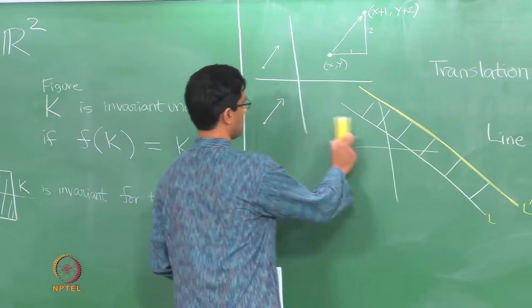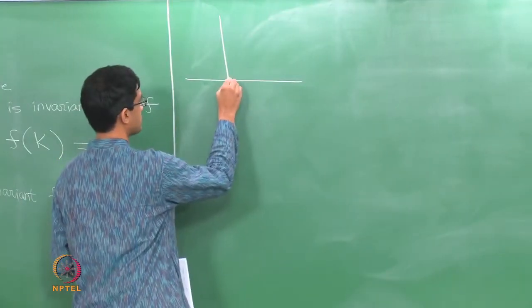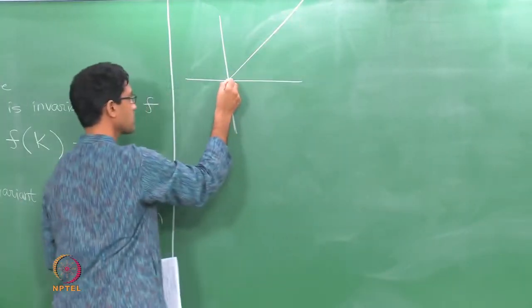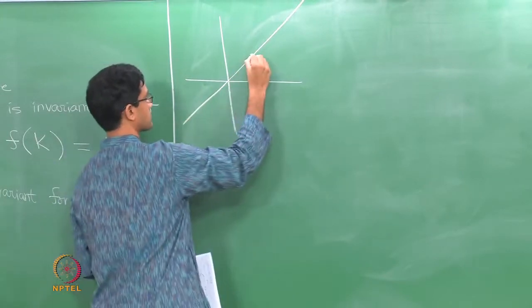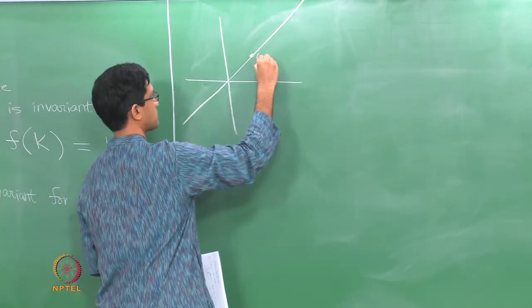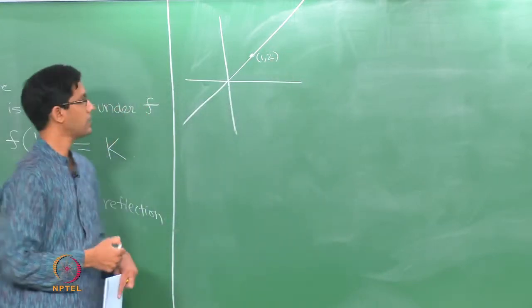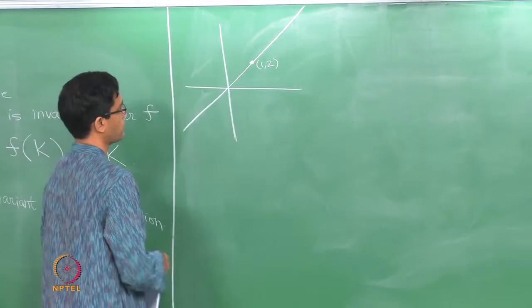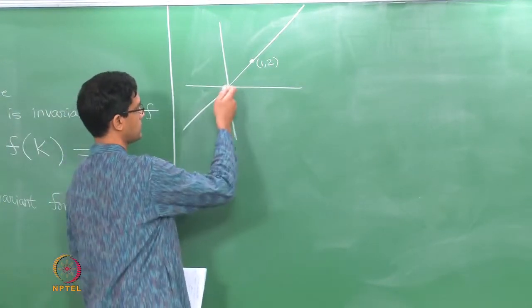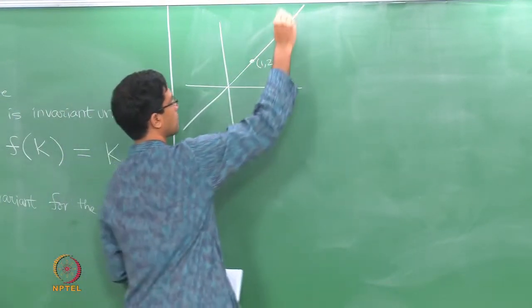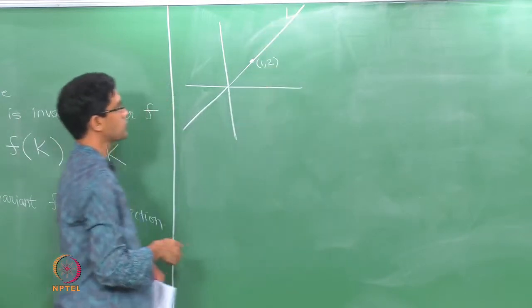So imagine the following, you take a line L which passes through the point 1 comma 2, okay, and through the origin. Now imagine what the translation will do to this line.